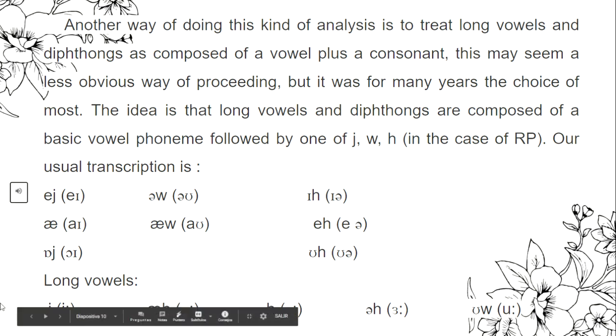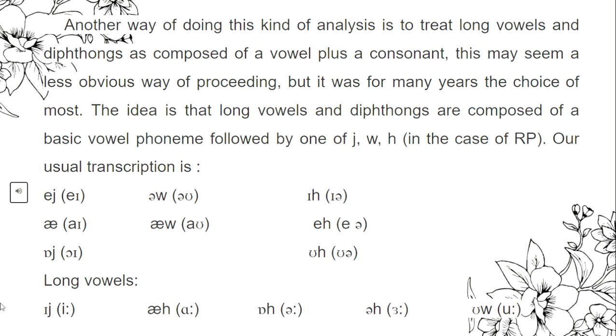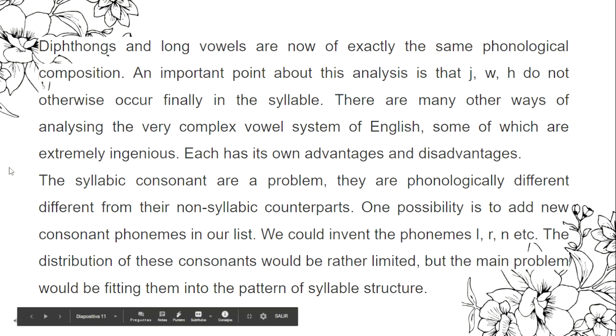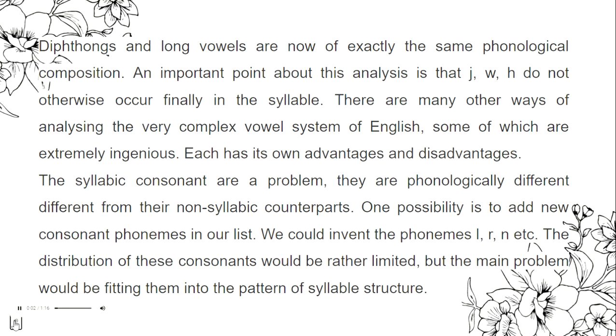Another way of doing this kind of analysis is to treat long vowels and diphthongs as composed of a vowel plus a consonant. This may seem a less obvious way of proceeding, but it was for many years the choice of most. Diphthongs and long vowels are now of exactly the same phonological composition.